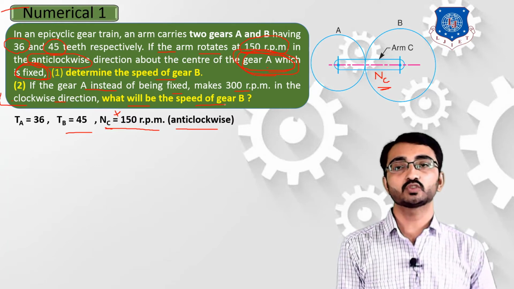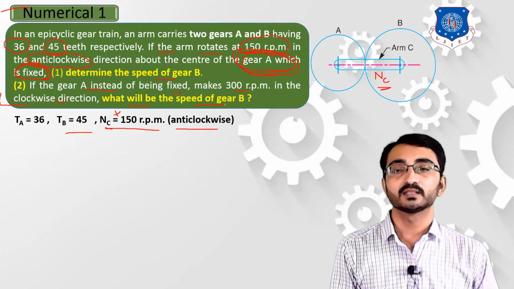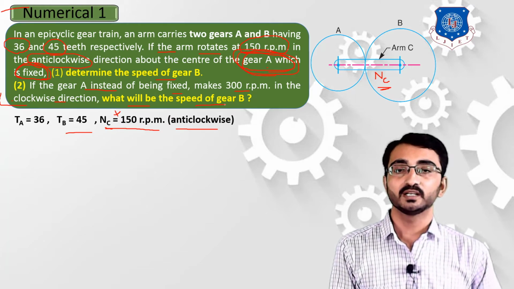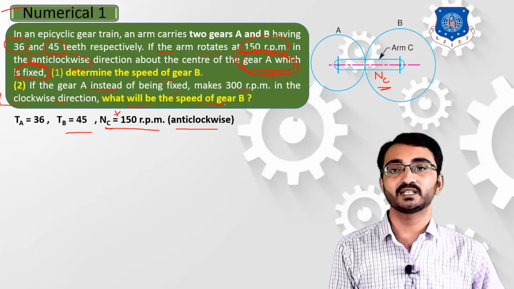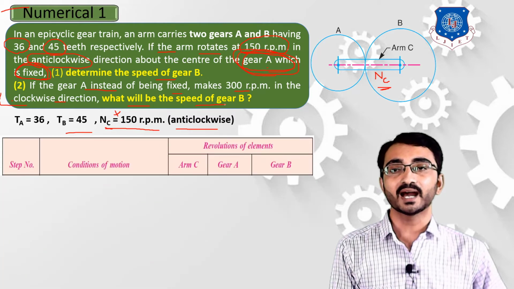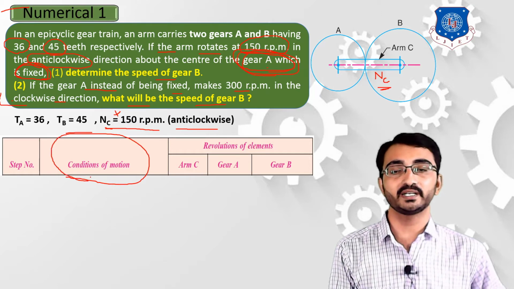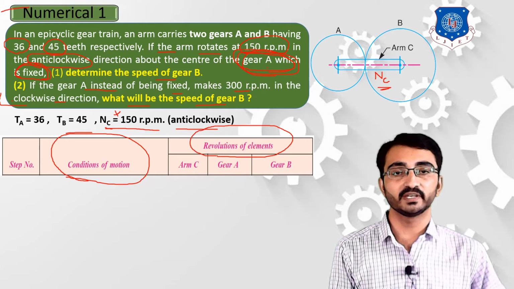Okay, so to solve the numericals of epicyclic gear train, we have to always draw the table first, and we have learned how we can draw the table. So let's start by drawing a table containing conditions and RPM of various elements. Let's consider that the first column indicates the condition of various motions and the second column the revolution of various elements.